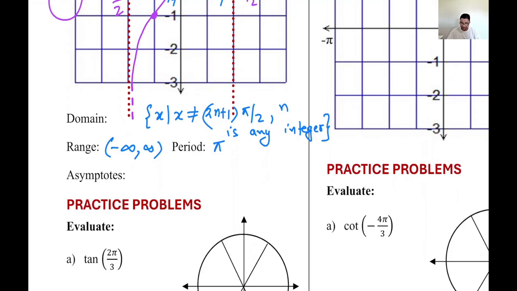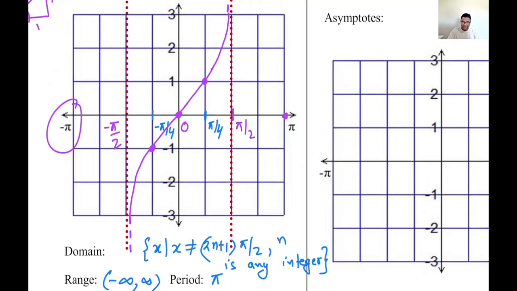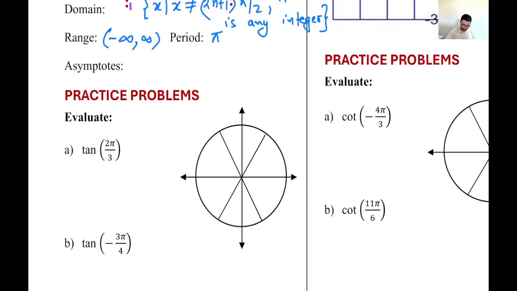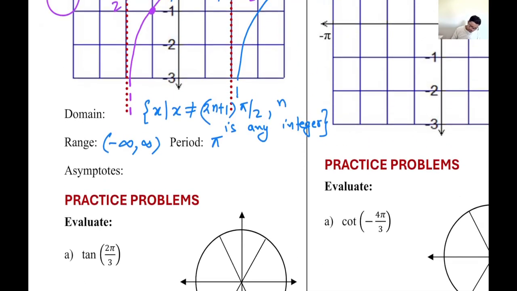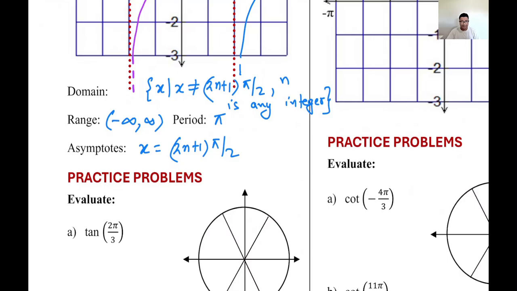Because you got all values between negative pi over 2 to pi over 2, and the graph is going to repeat right after that. It's going to be like that again. So that is the period, and asymptotes are where the function is not defined. So those are x equals (2n plus 1) pi over 2 for all integers.